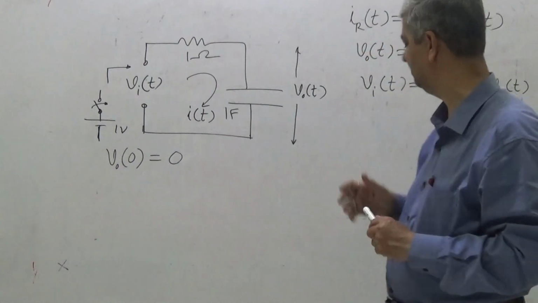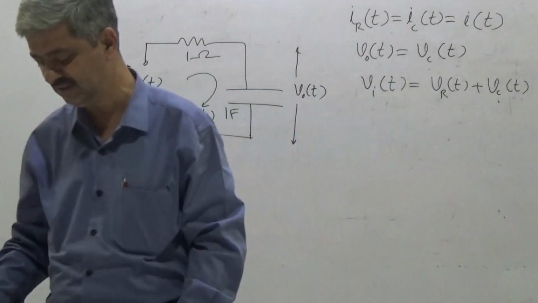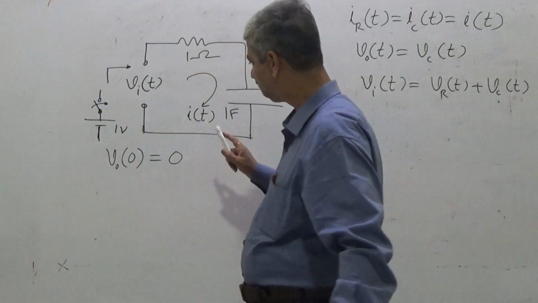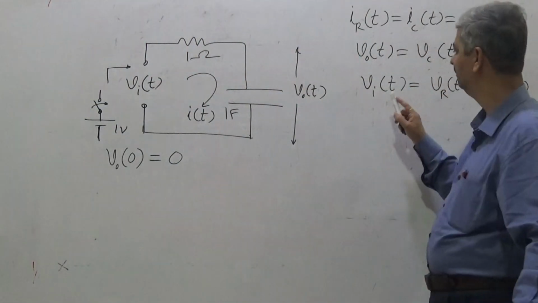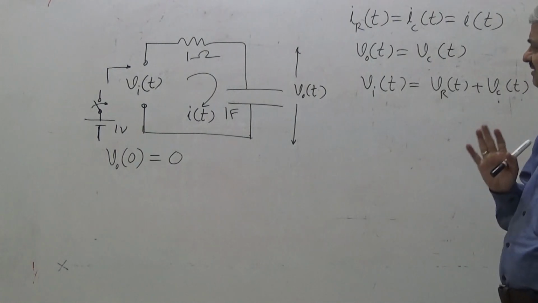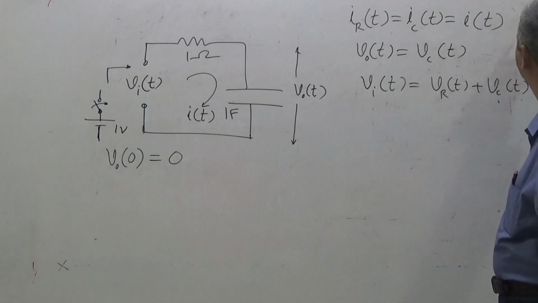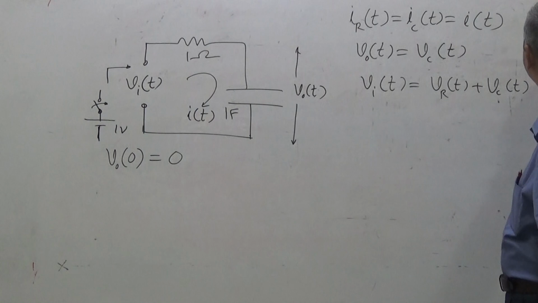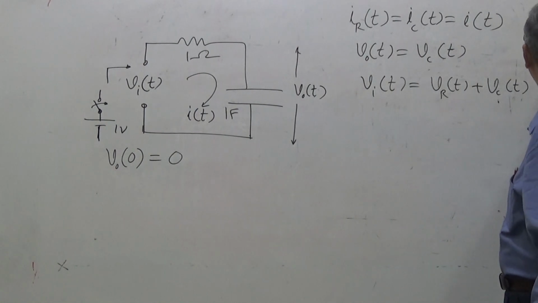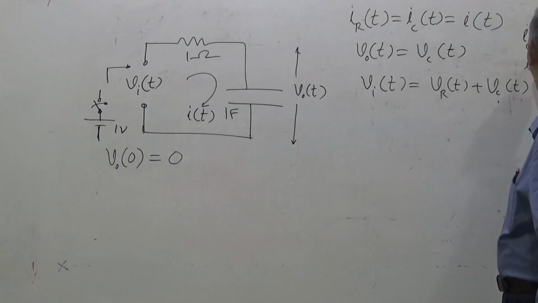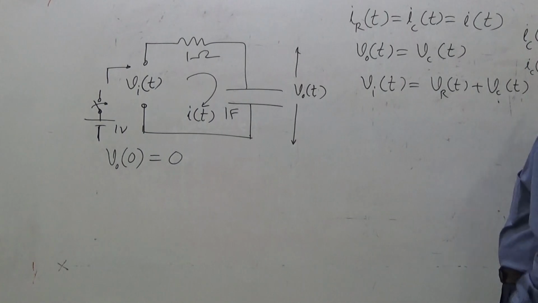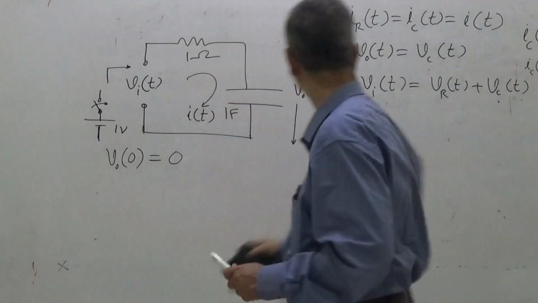So right now we develop the differential equation, in simple steps. One most important thing is that I_C(t) in this case is equal to C into dV_C(t) by dt. Here C is 1, so I_C(t) is equal to dV_C(t) by dt. I write it separately.